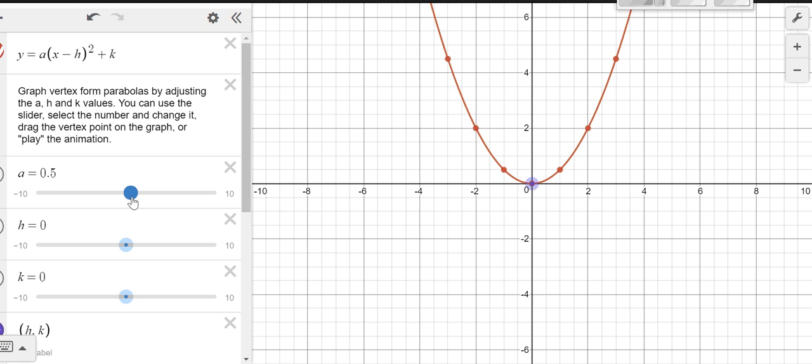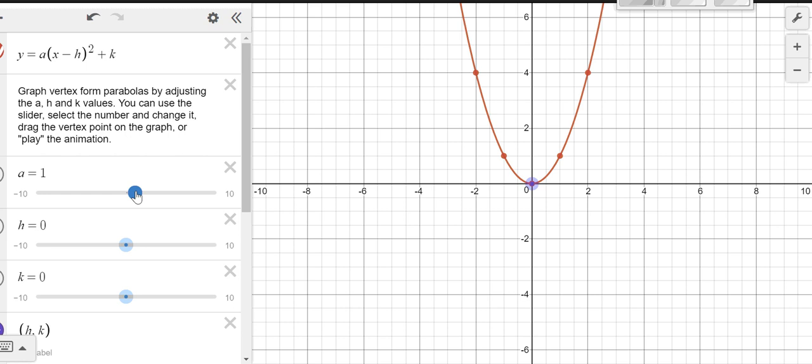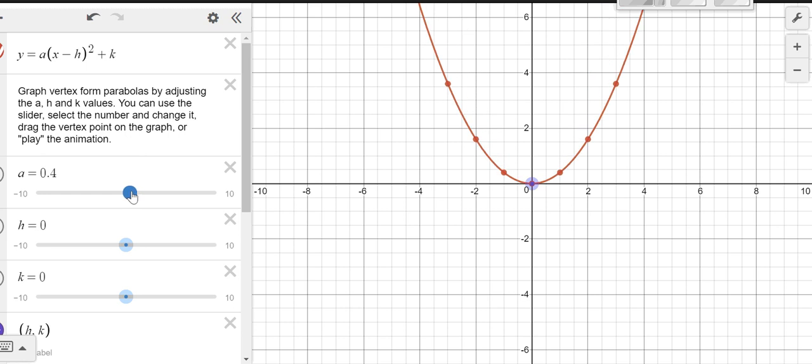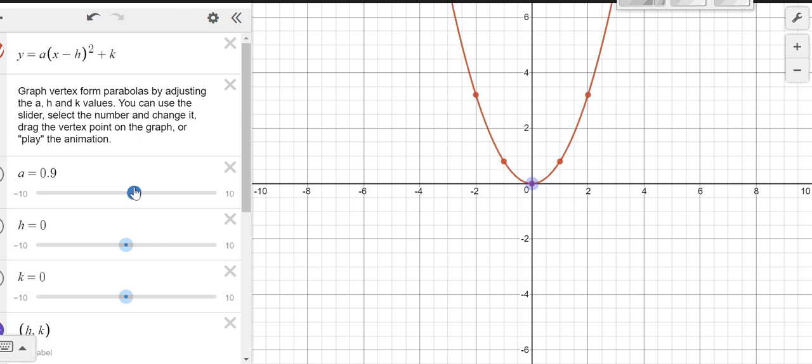What do you notice happened with our picture from 1 to 0.5? Do you notice that this shape got a little wider? Our parent function was up 1 over 1, but now I'm going up 1/2 and over 1 to get to my first point, versus up 1 over 1.